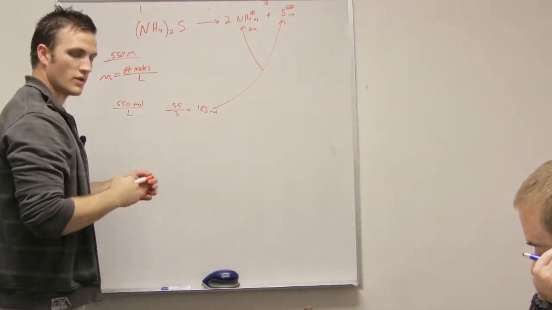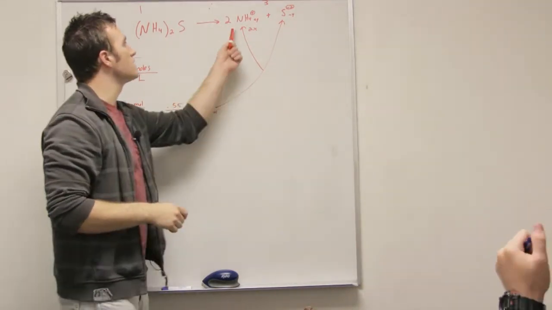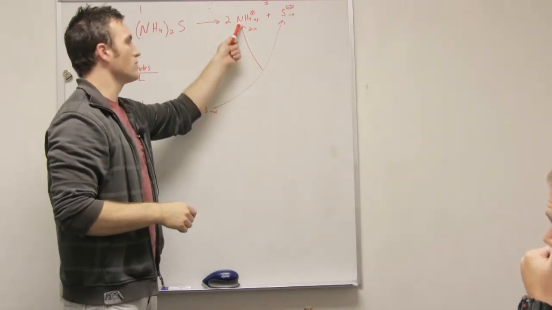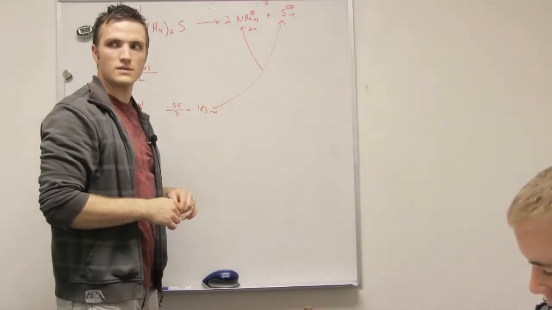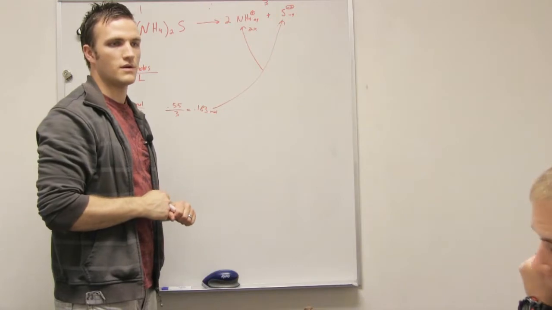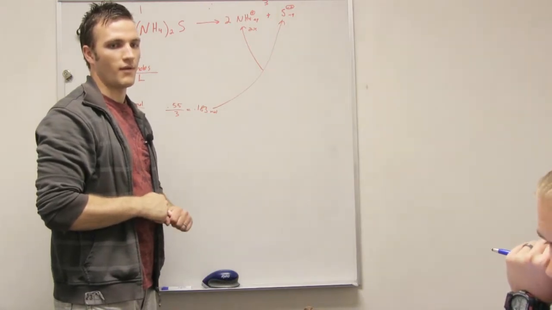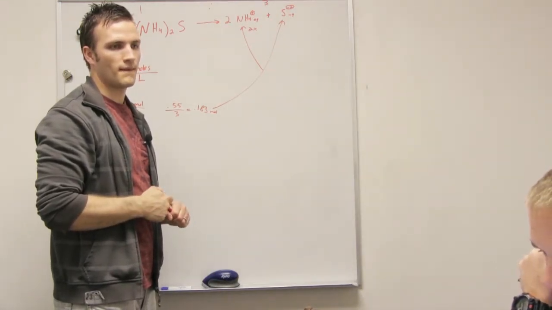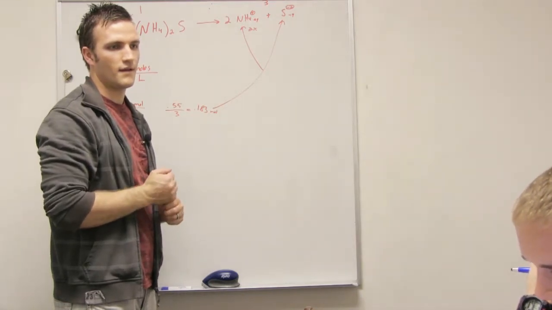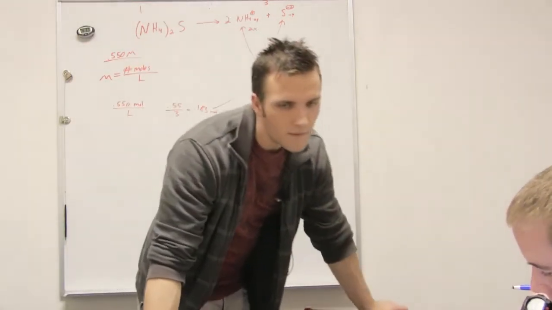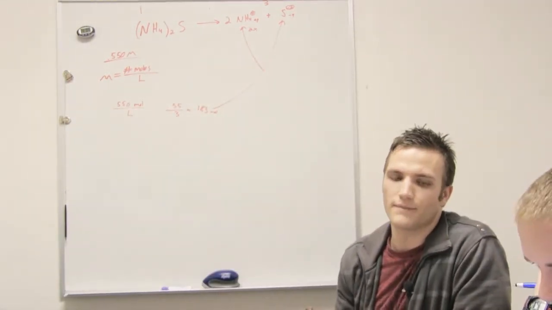So I don't know, you have the right answer. Is 2 times that what the concentration for ammonium was? No. Okay, but I think that might be somewhere close. Ah, okay.